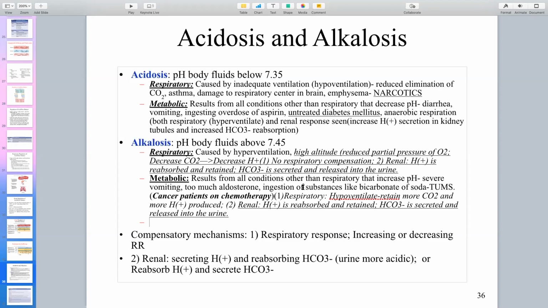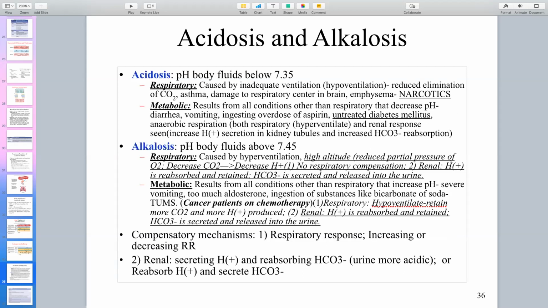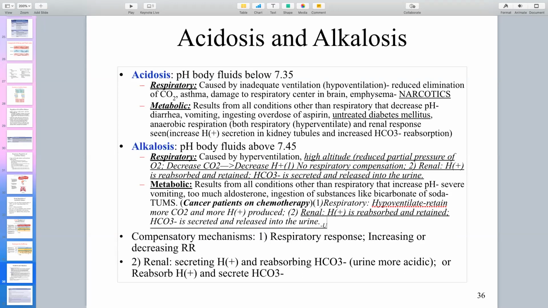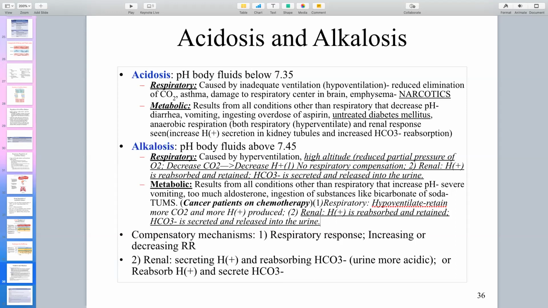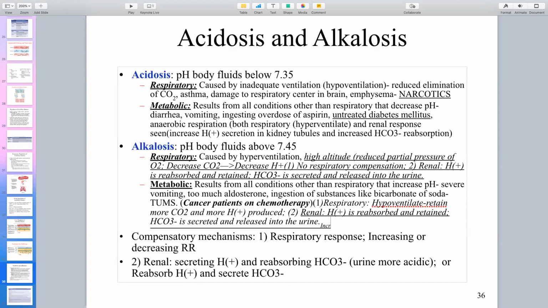Bicarbonate is secreted and released into urine, right? Our urine pH is now lowered. All right, actually, urine pH is higher. Why is that lower here?